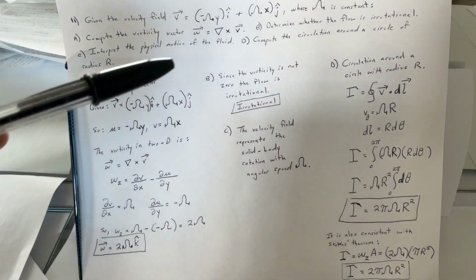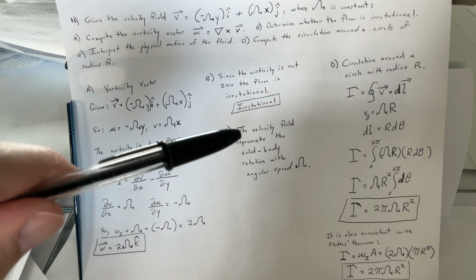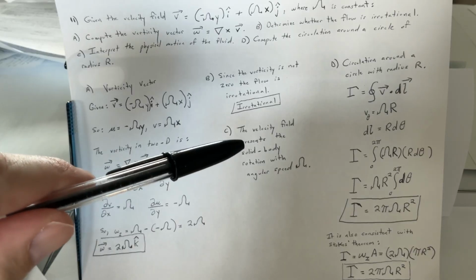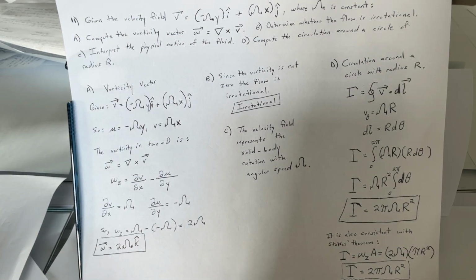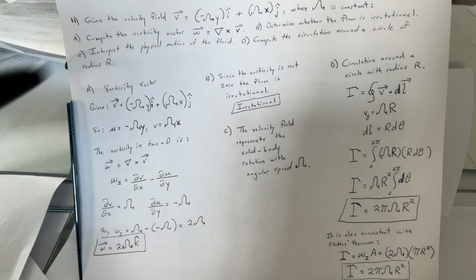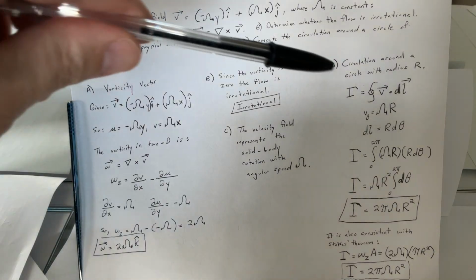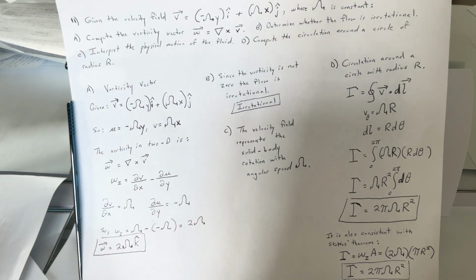Letter C, physical motion of the fluid. The velocity field represents solid body rotation with angular speed omega. So that's what C would be in general. And then for part D, circulation around a circle with radius r.